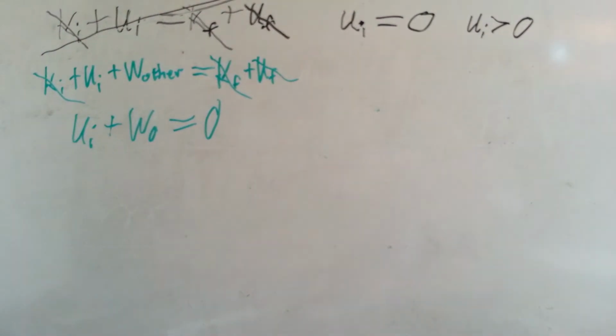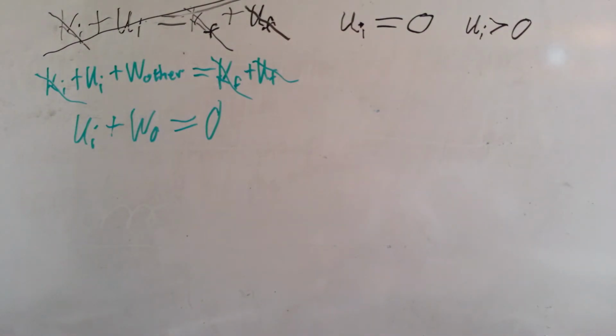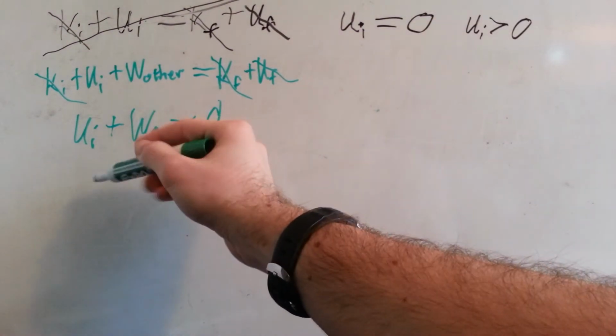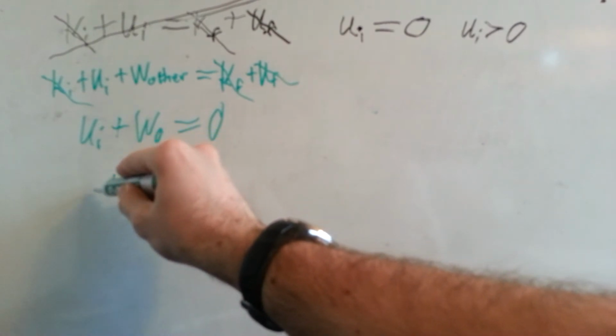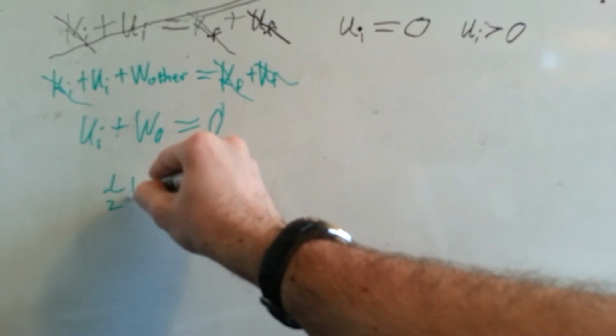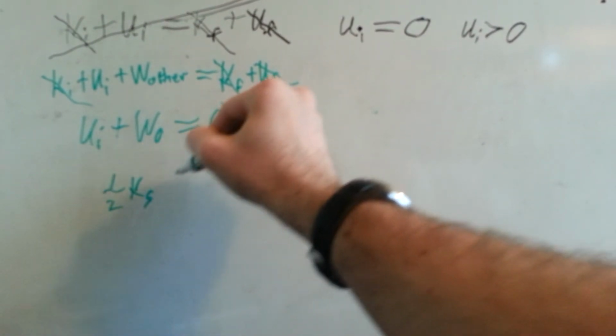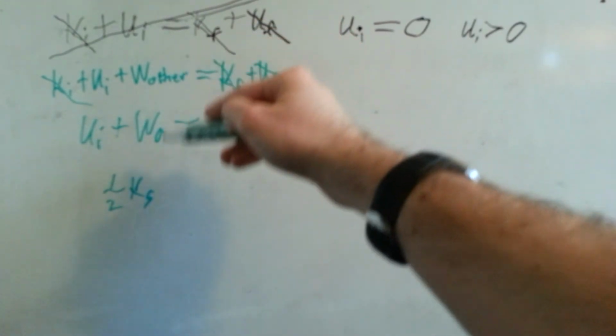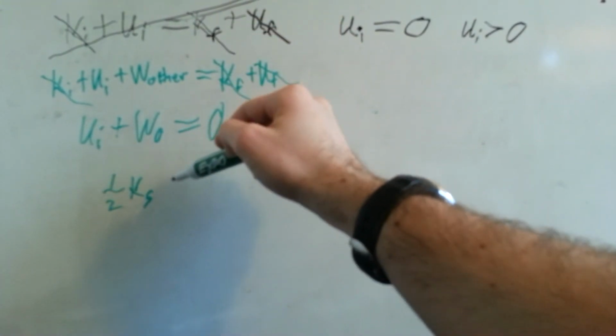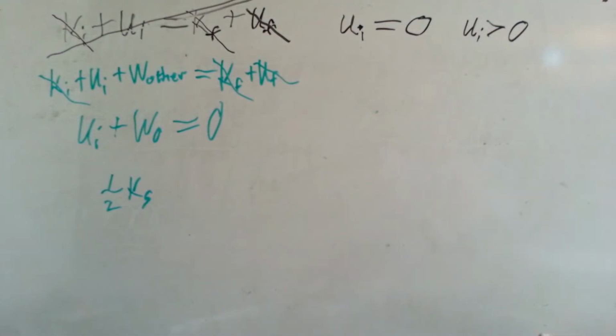So, now that we know that, we can just say 1/2 k sub s, that's the spring constant, right? I'm not working with numbers in this problem because, if you want to understand how the problem works, then you should focus on units and on solving it symbolically.